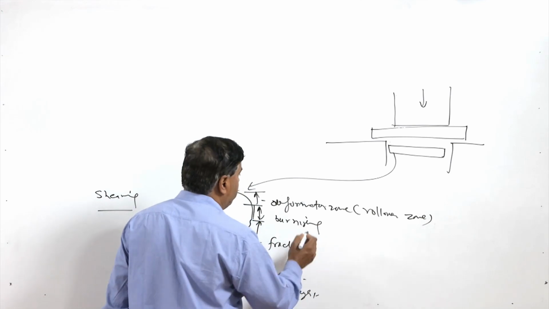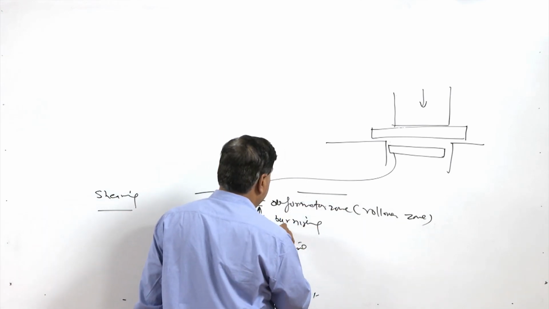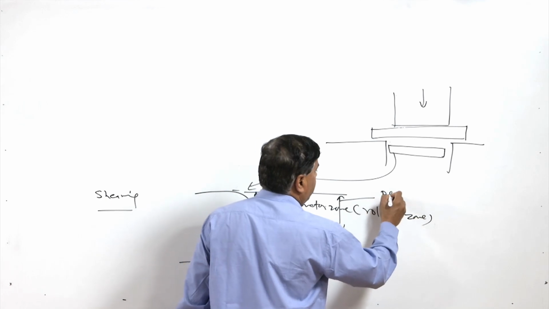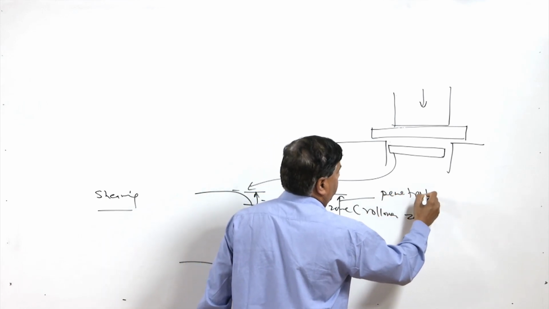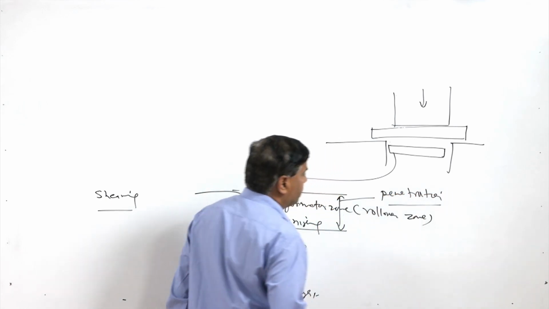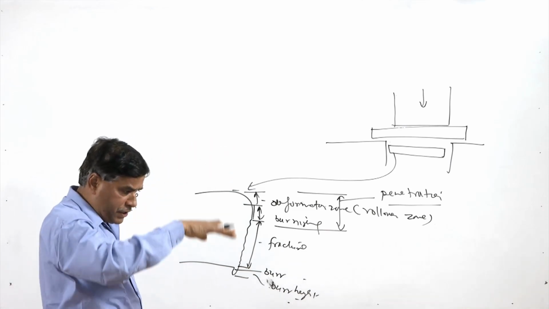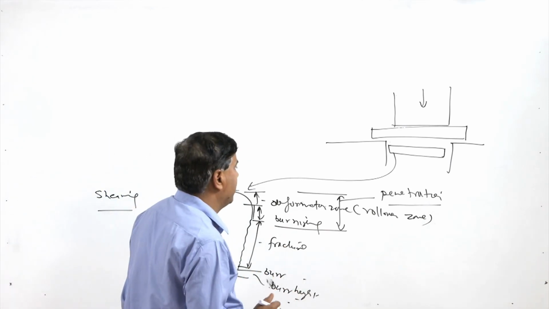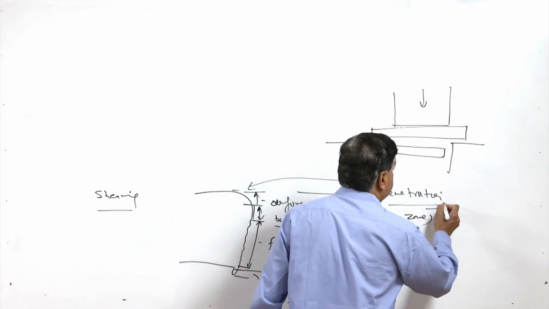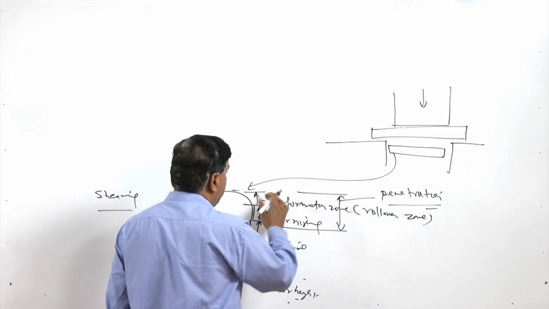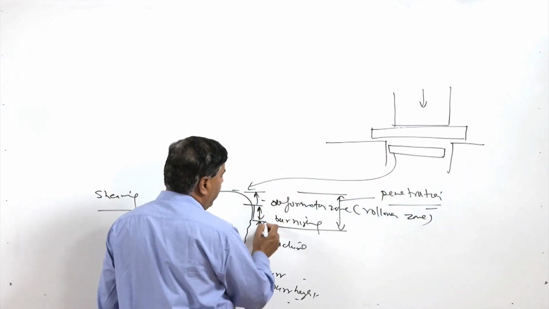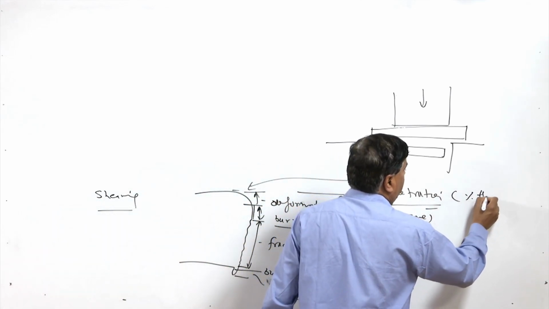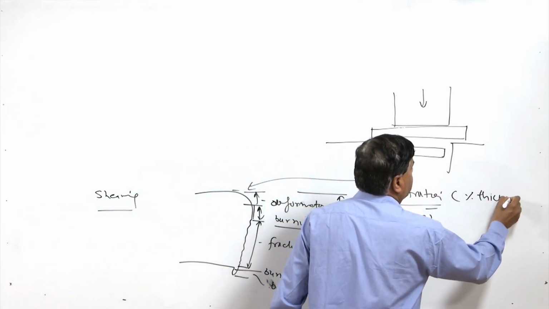If we sum up the deformation zone and the burnishing zone, the sum of both is called penetration. Penetration is the depth by which the punch must move inside the sheet metal so that the fracture can be facilitated, and this penetration, which is the sum of the deformation zone and the burnishing zone, is expressed as a percentage of the sheet thickness.